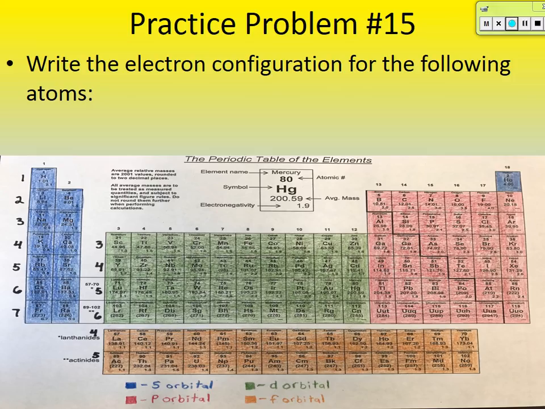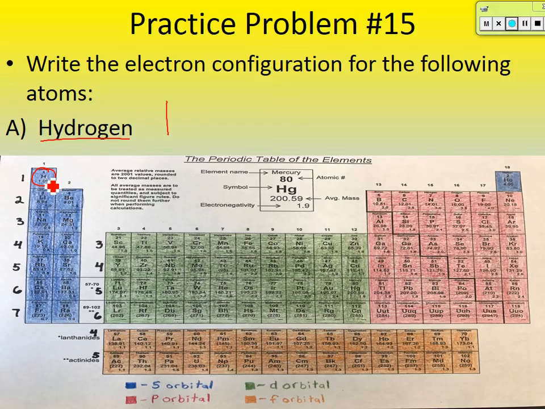It says, write the electron configuration for the following atoms. 15 part A, we're going to write it for hydrogen. So I'm going to point out where on the periodic table hydrogen is. It's the very first element. And then we're going to write the electron configuration. Remember, we start with the energy level. So we're in the first energy level. So I'm going to write a 1.